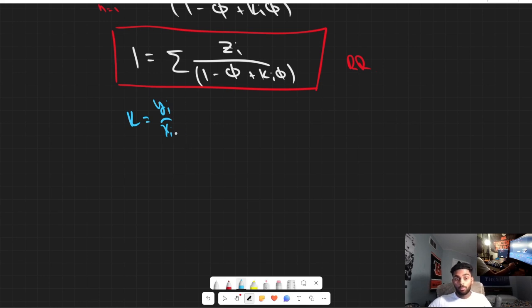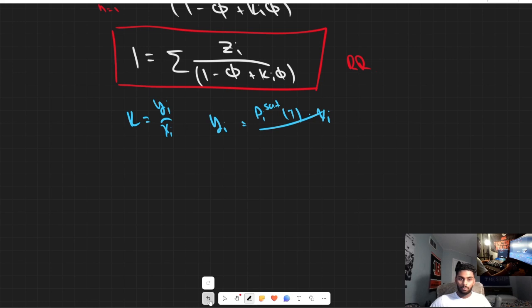And if we remember from Raoult's law, Yi is equal to Pi sat at some temperature T times our liquid phase mole fraction all over the total pressure. So if we plug this Yi back into here, what we essentially end up getting is we cross out this Xi and we just get the saturation pressure over the total pressure.